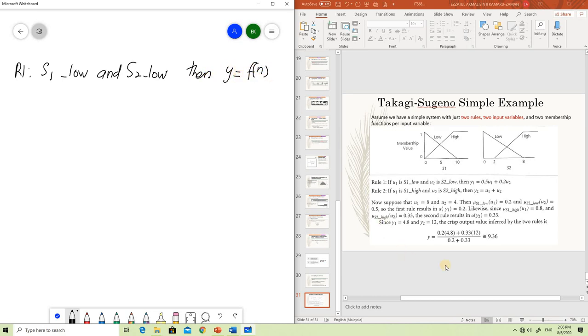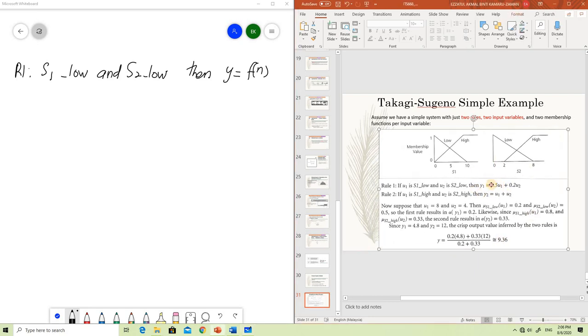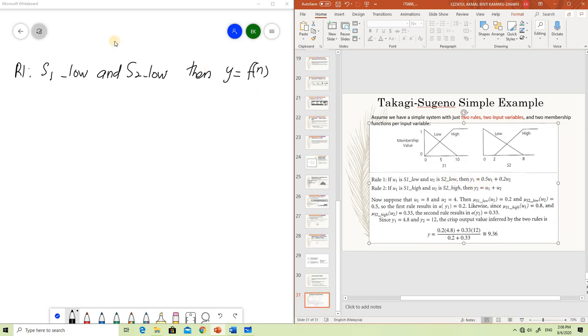It's a function. This is the function. This is your function here. Okay, R2, S2 low, sorry, S2 is high, right?